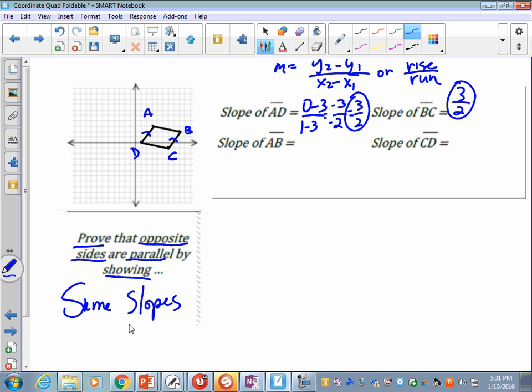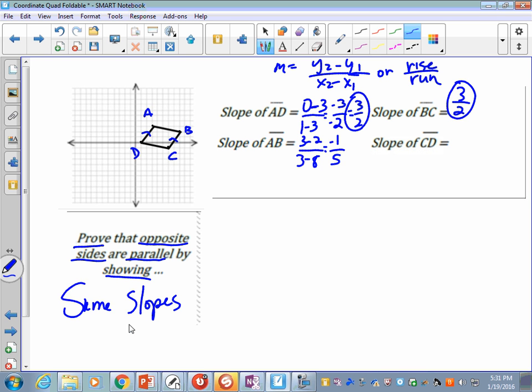We're going to continue using the rise over run or the slope formula to compare the slopes of AB and CD. Using the formula, this would be 3 minus 2 over 3 minus 8. This comes out to -1 over -5, or positive 1 over 5.